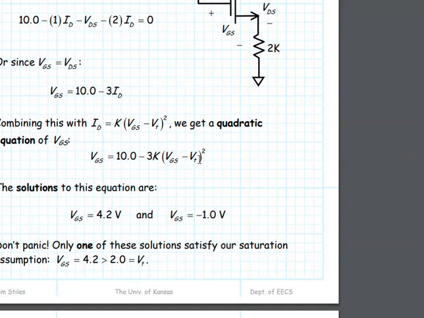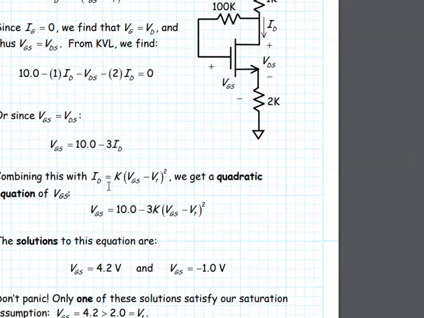Then what I did, we replaced in this equation ID with K times VGS minus VT squared. Then you will find VGS to be 4.2 volts, or because you will end up having a second order equation, you will find two answers for the VGS. So this one is not valid in this case.